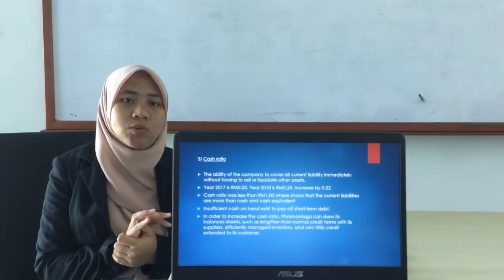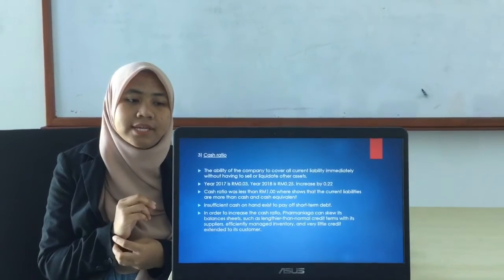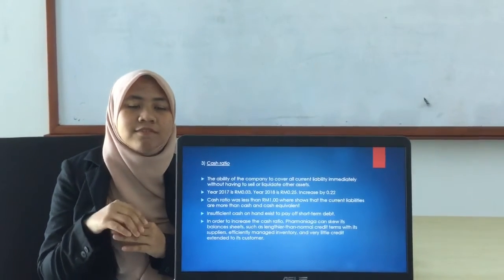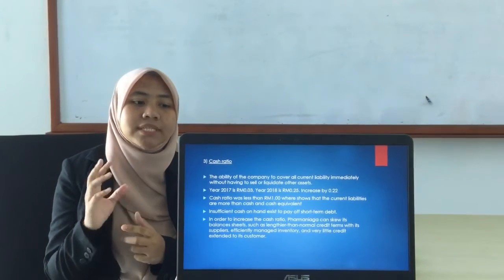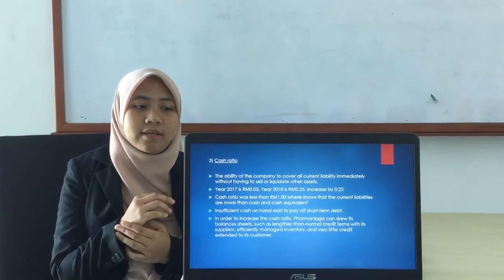The last ratio under the liquidity ratio is the cash ratio. Cash ratio can be defined as the ability of the company to cover all current liabilities immediately without having to sell or liquidate its assets.